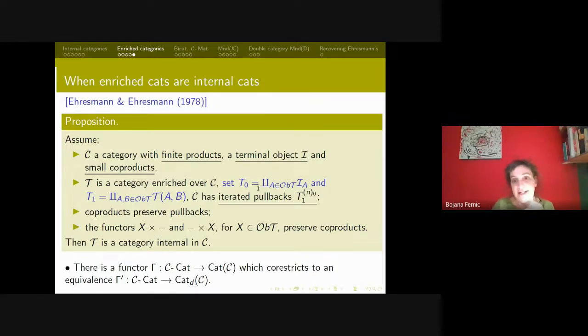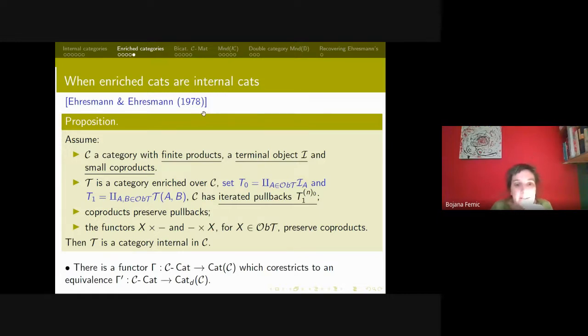So the subcategory of such internal categories is denoted like this with this sub D. So co-restricting to them, we have an equivalence. So that was proved in 78.